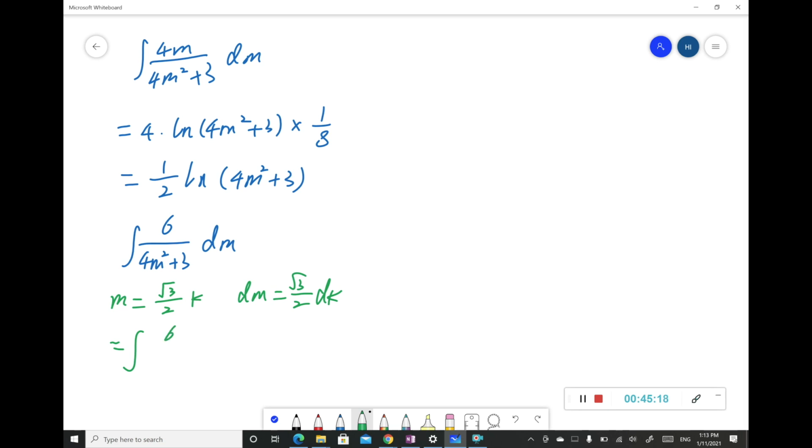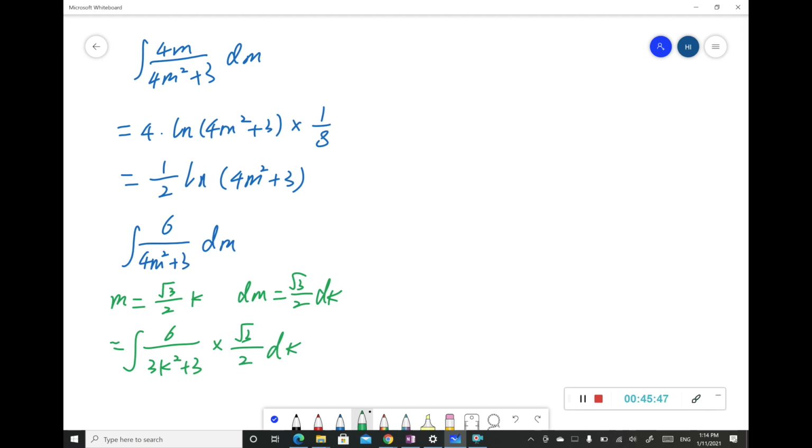So the equation will become 6 divided by 3k squared plus 3, times square root 3 divided by 2 dk.